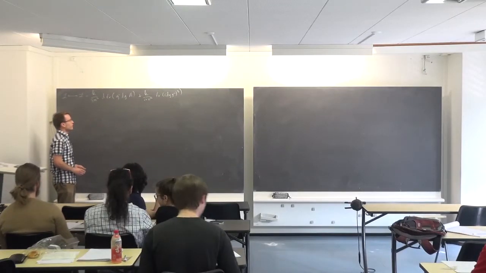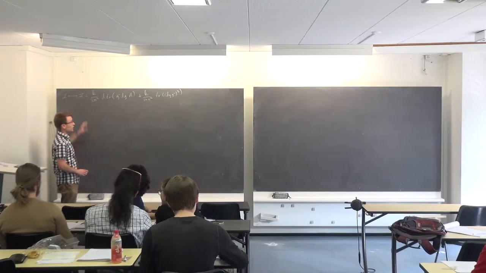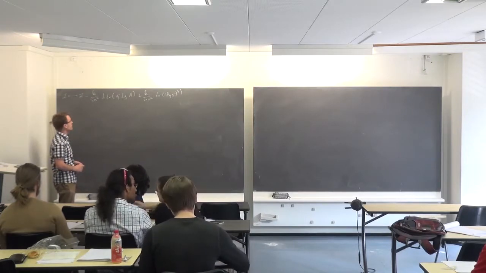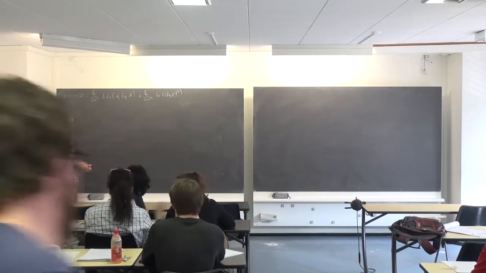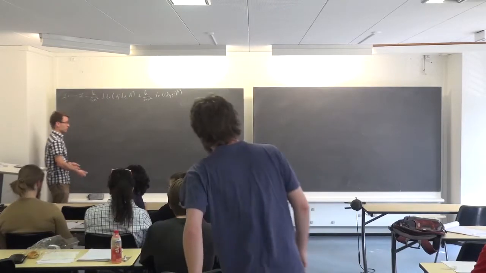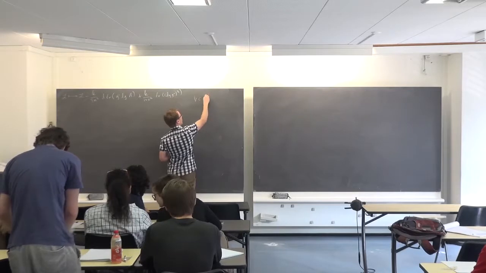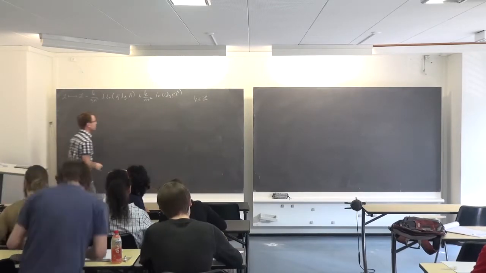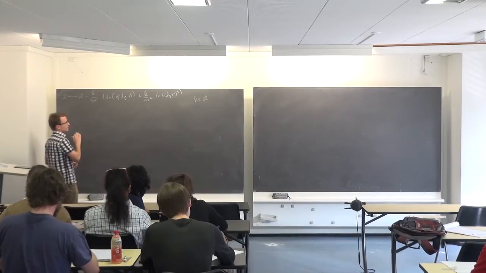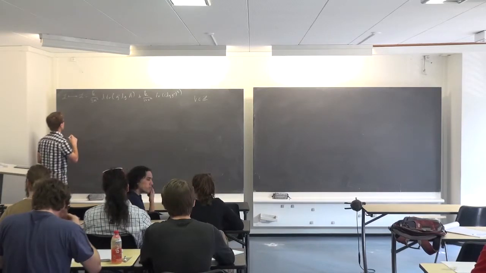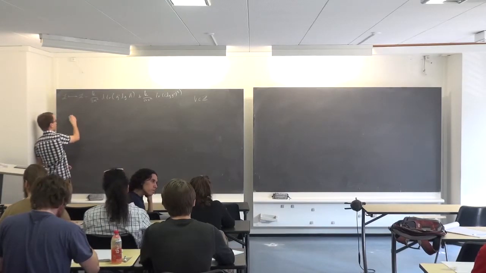Okay, so before the break, I finished with gauge invariance of the action, and I explained that under a gauge transformation, the action changes by an integer constant, if you assume that k is also an integer. So let's analyze this as a gauge theory now. Let's consider infinitesimal gauge transformations.